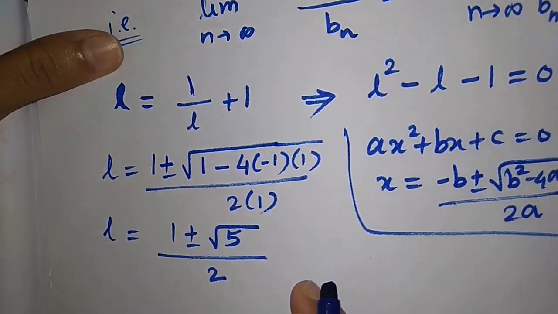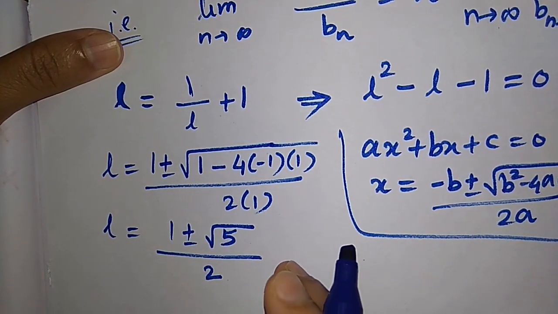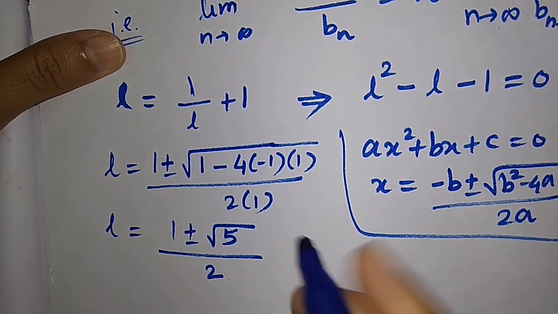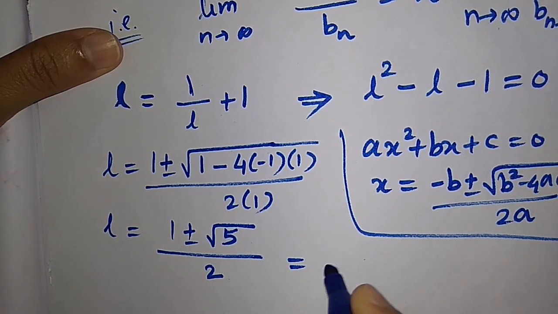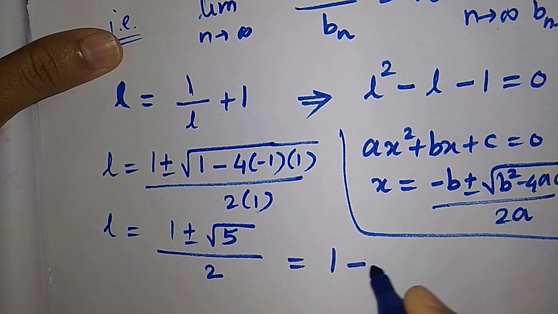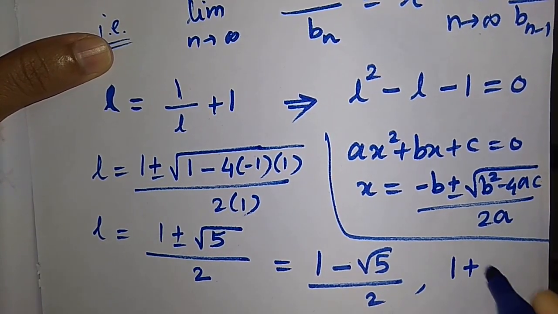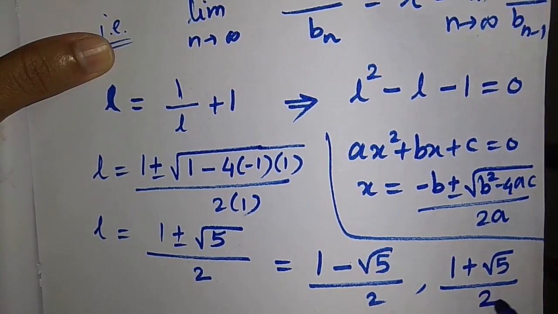Now see that all the terms of this sequence are positive, so the limit cannot be negative, right? So this is 1 minus root 5 by 2 or 1 plus root 5 by 2.